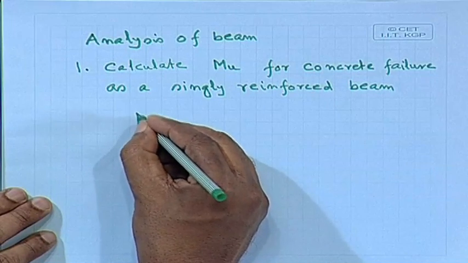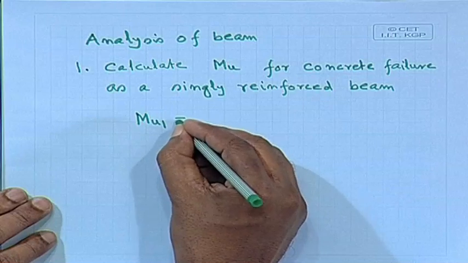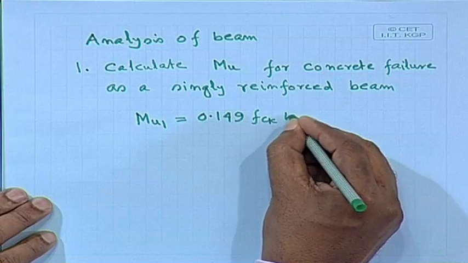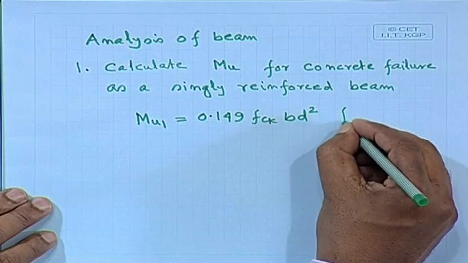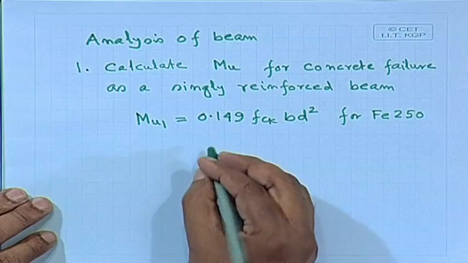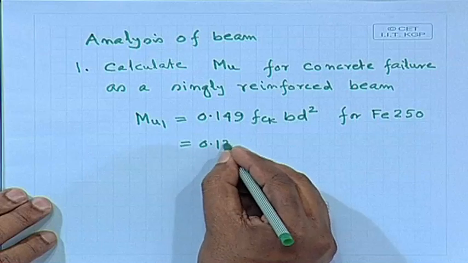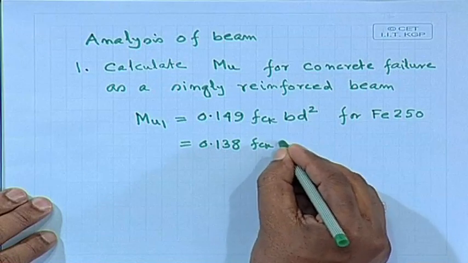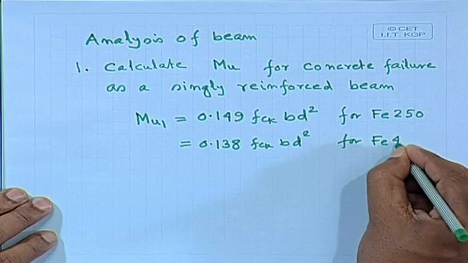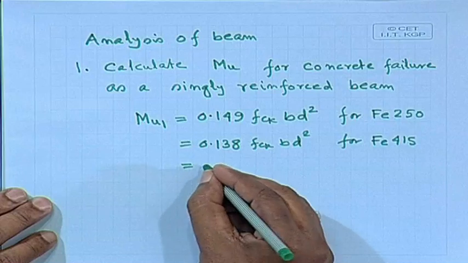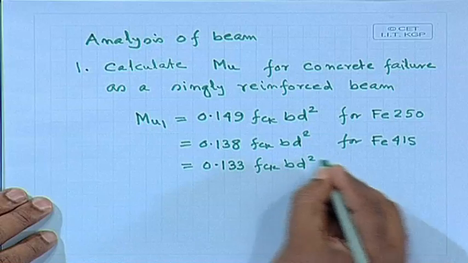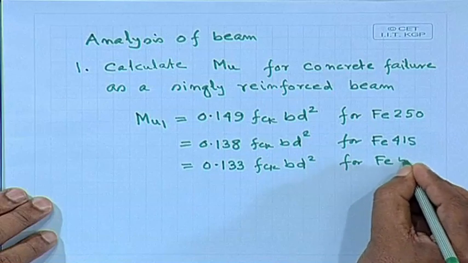We can write this part as Mu1 equal to 0.149 fck bd square for Fe 250, equal to 0.138 fck bd square for Fe 415, equal to 0.133 fck bd square for Fe 500.